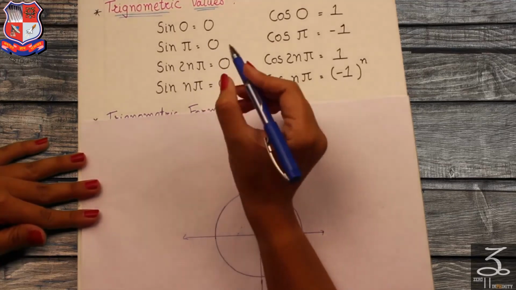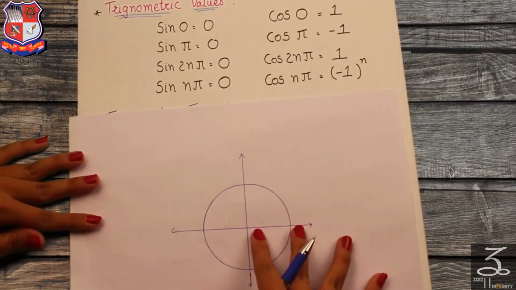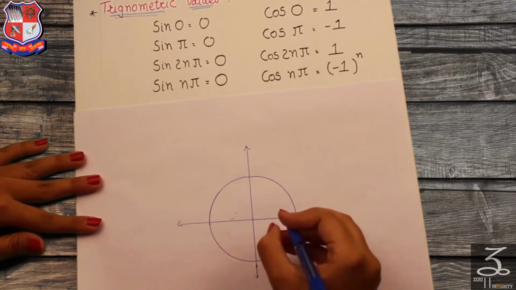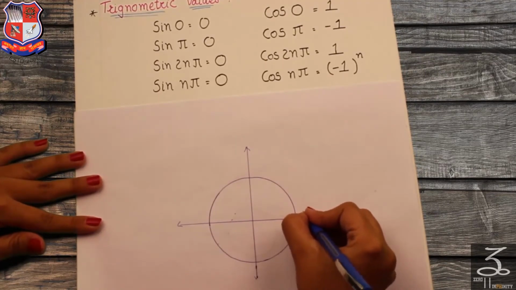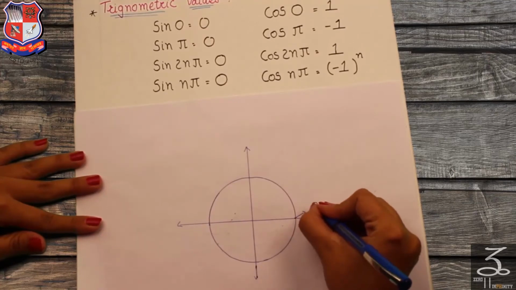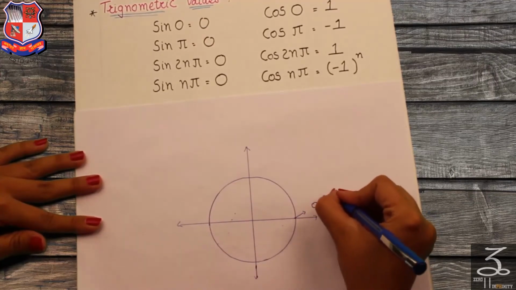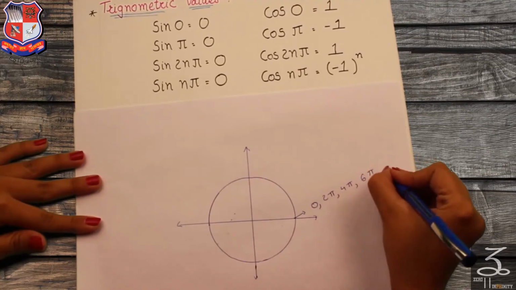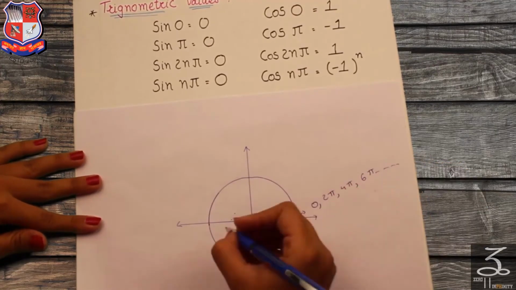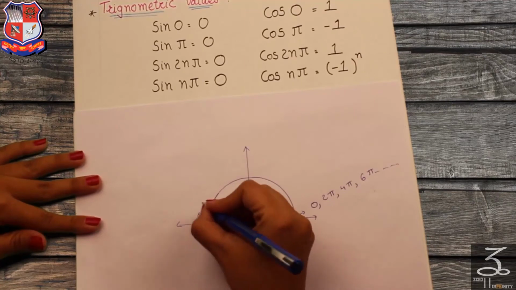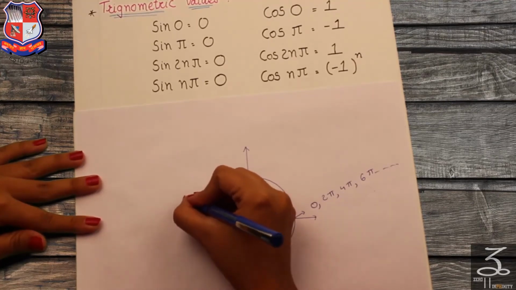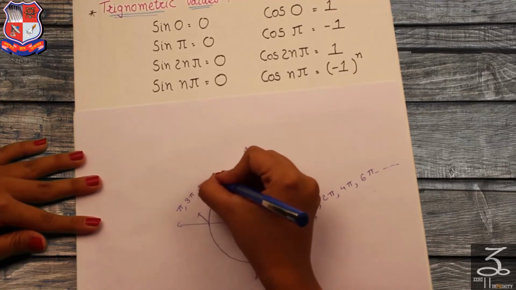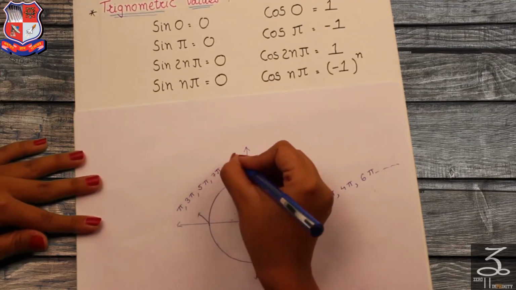How can you state the values? Using a unit circle. If you studied the unit circle before, the unit circle is stated like this: the values of 0, 2 pi, 4 pi, 6 pi are stated over here, and the values of pi, 3 pi, 5 pi, 7 pi are stated over here.